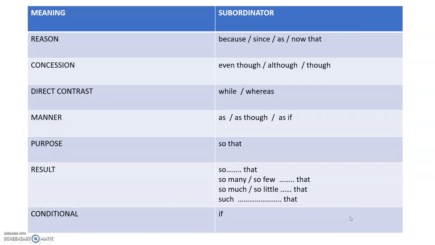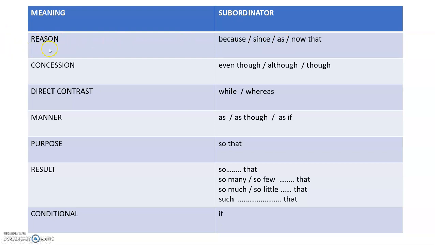Okay, this chart shows you the different meanings, the different logical connections or logical relationships that exist between clauses. Those are on the left. And on the right is a list of subordinators that can be used for that meaning.